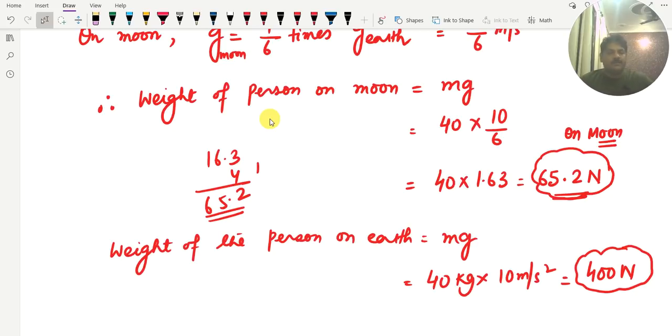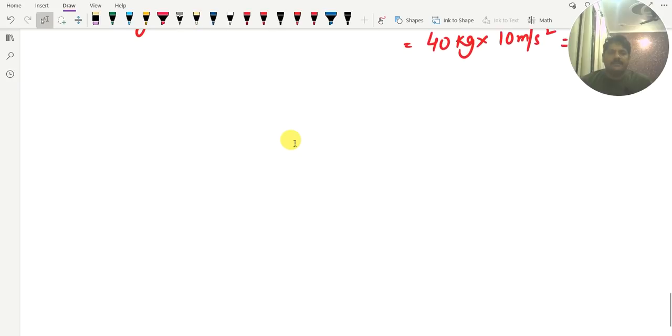Okay, now if you see, the weight of the body on moon is becoming 1/6 times. So let us establish this relationship. So write down, I think you must have understood what we have talked till now. The last topic for today, let us see. Let us take the values.